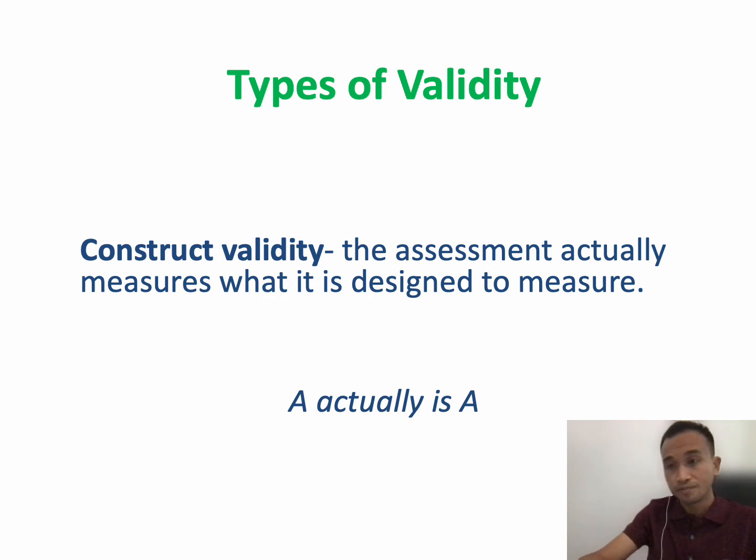For example, an IQ test is intended to measure intelligence. Another example, you are attempting to measure the student's knowledge of the solar system. You don't want to actually be measuring their ability to read complex informational text, right?